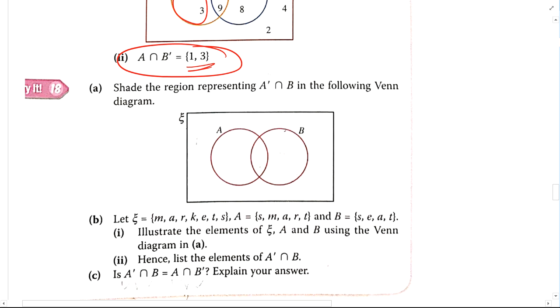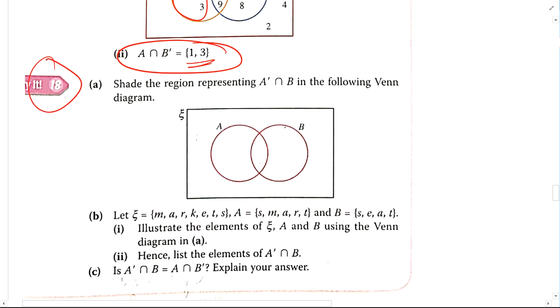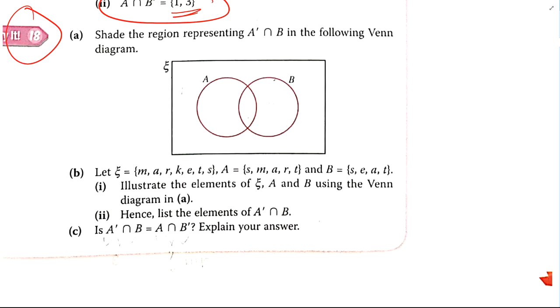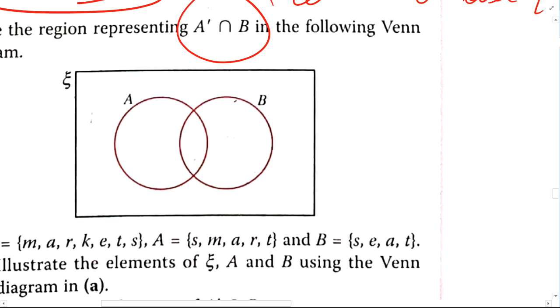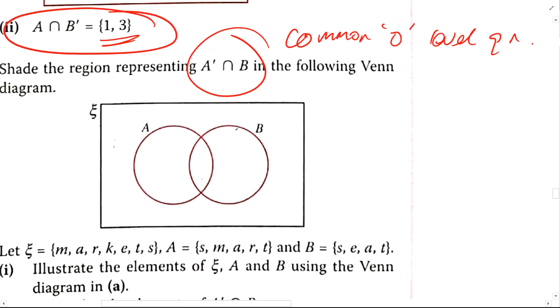Okay, so now you gotta try question 18 by yourself, and Francis, you gotta come over and illustrate, shade first. This is a very common type of question, a common O-level question. But it won't be so easy. Okay.